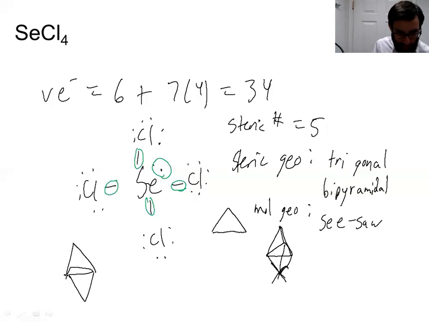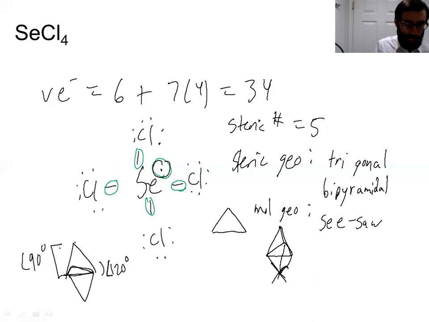That center triangle idealized is 120 degrees, and then the bond angle between the pyramids is 90 degrees. But you have a lone pair here, and so the lone pair makes these less than the ideal. Let's do hybridization on the central atom. Selenium has a steric number of 5, so it's going to be sp3d. 1, 2, and then 3 orbitals there.